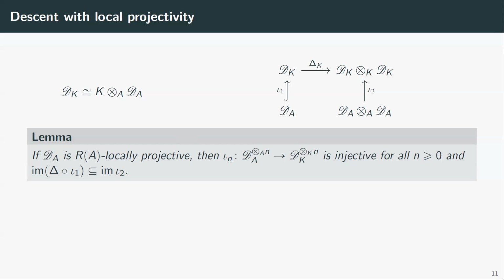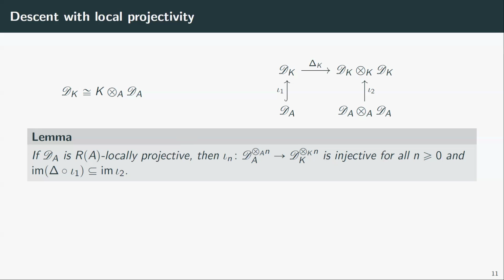The idea here is that we use the embedding of A into K. When I tensor with dA, then I obtain an embedding of dA into K tensored with dA, which is just dk.